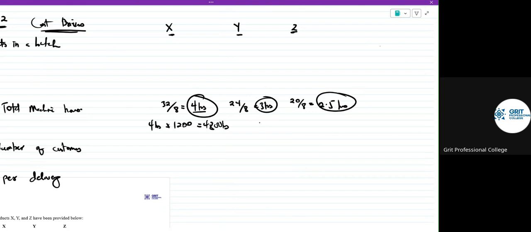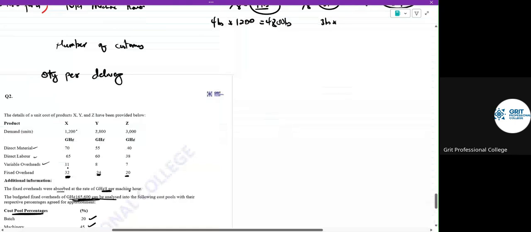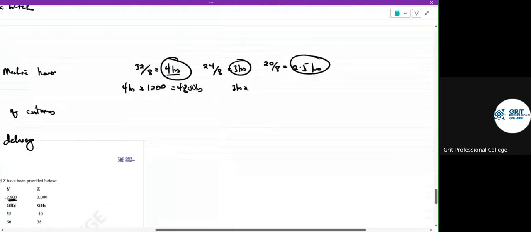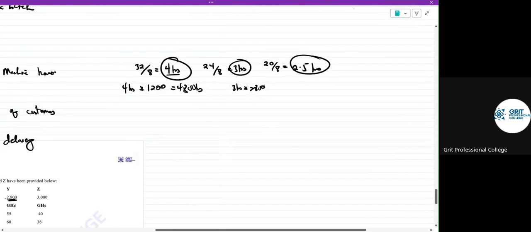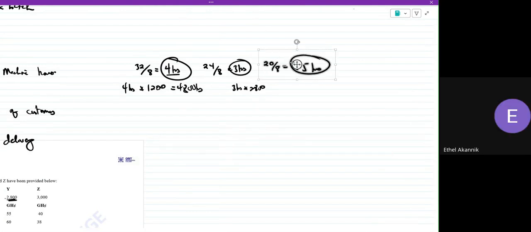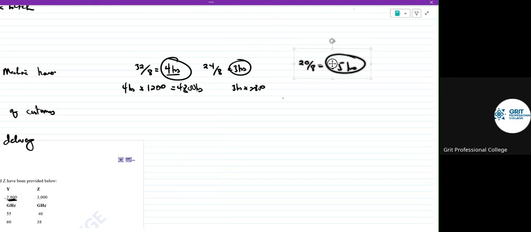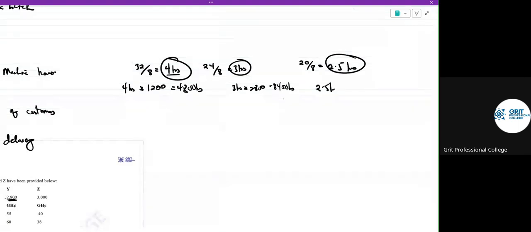Then Y will be 3 hours by the production. We are producing 2,800. And that will give us 8,400 hours. Okay, and then finally, Z will be 2.5 hours, and we want to produce 3,000.